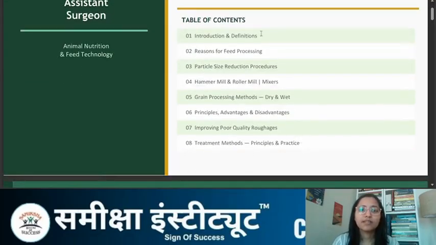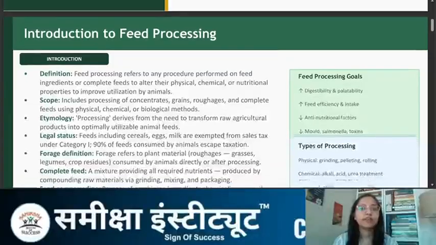In this lecture we will discuss the definitions, reasons for processing, why we need to go for feed processing, then particle size reduction methods, hammer mill, then grain processing methods, their basic principles, advantages, disadvantages, then improving the poor quality roughages, the different processing methods, their basic principles, advantages and disadvantages.